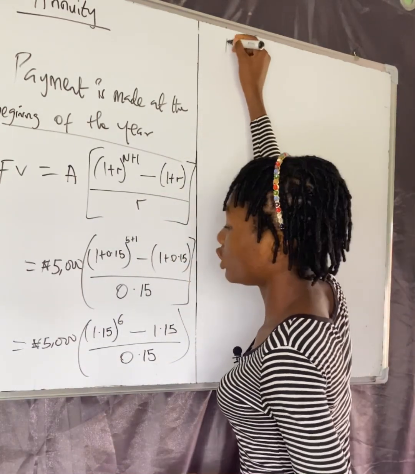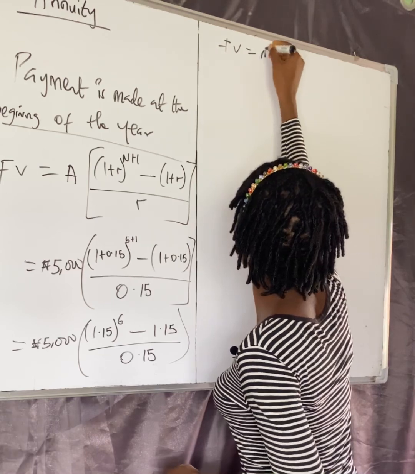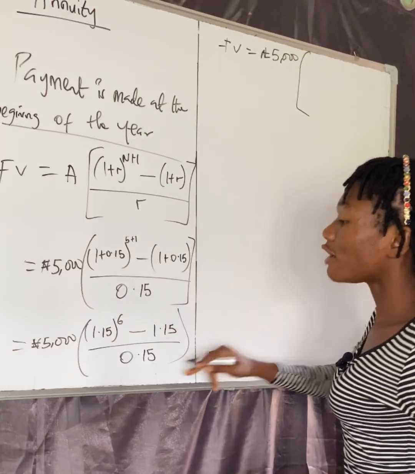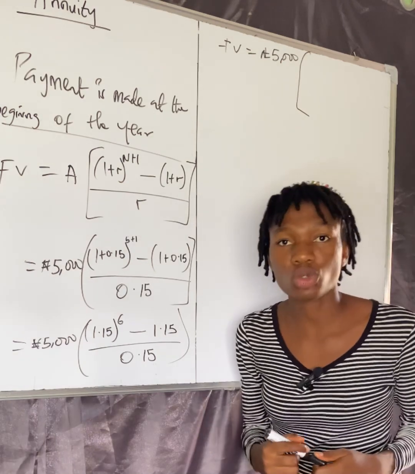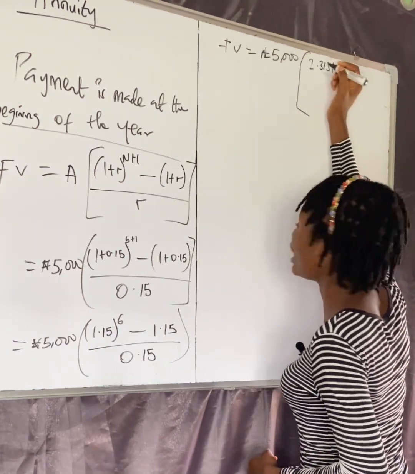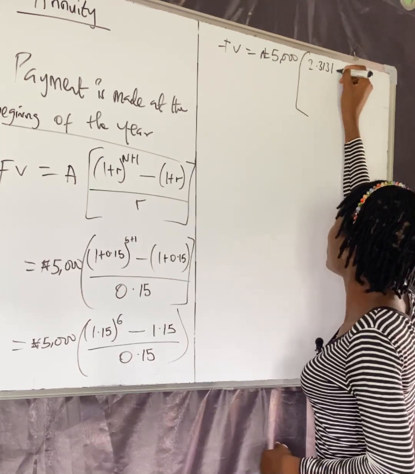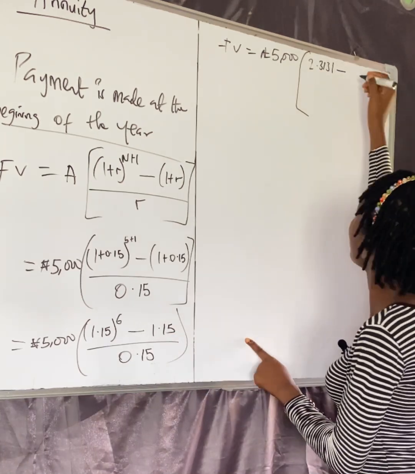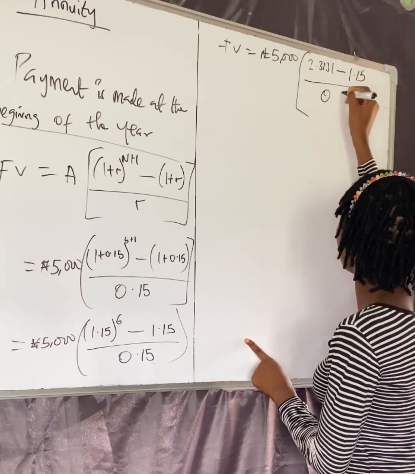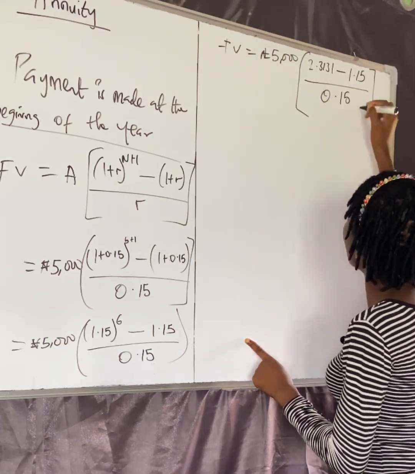So we are having our future value equal to 5,000. In our bracket, we have 1.15 raised to power 6 to give us 2.3131, to 4 decimal places. And then we're going to subtract 1.15 before dividing by 0.15.